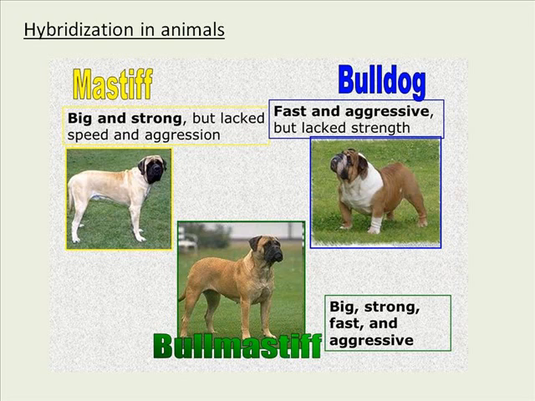Now the problem with the Mastiff is, even though it was big and strong, it wasn't a very fast dog, and it wasn't a very aggressive dog. On the other hand, if you take the Bulldog, it is a fast, aggressive dog, but the Bulldog lacks strength because of the shape of its body. So if you breed a Mastiff and a Bulldog together, you get a Bull Mastiff, which has the good characteristics of both of the beginning breeds. You have a dog that is big and strong and fast and aggressive.